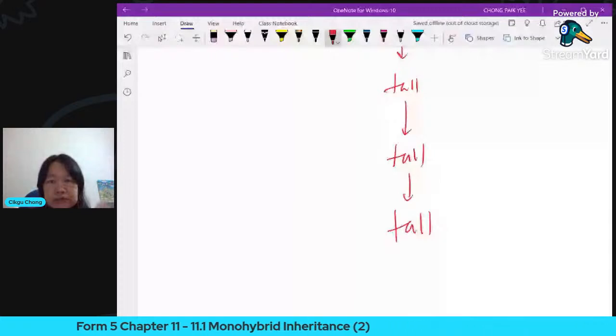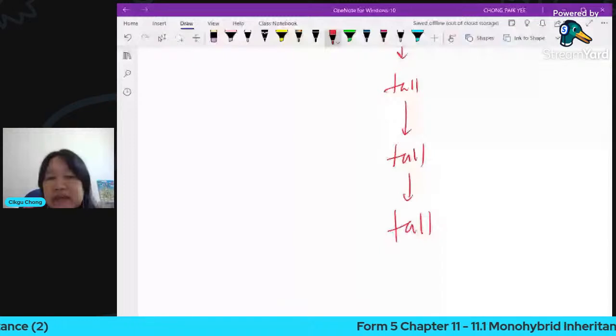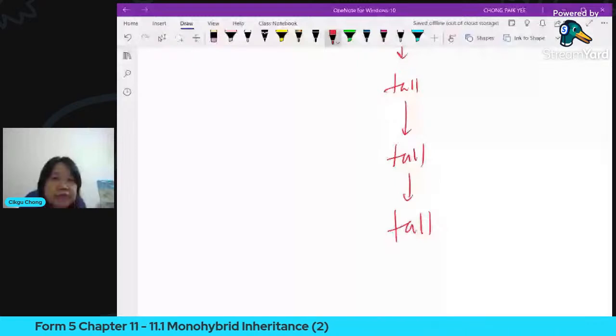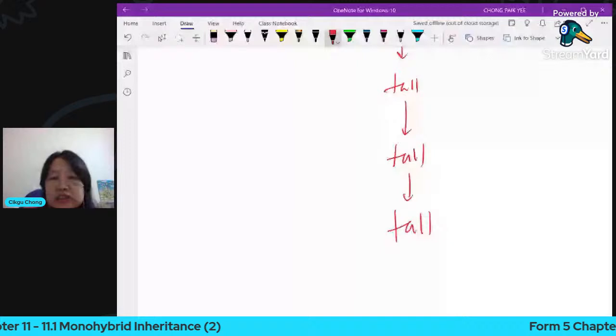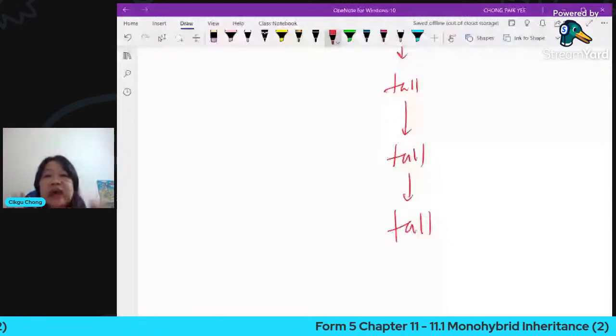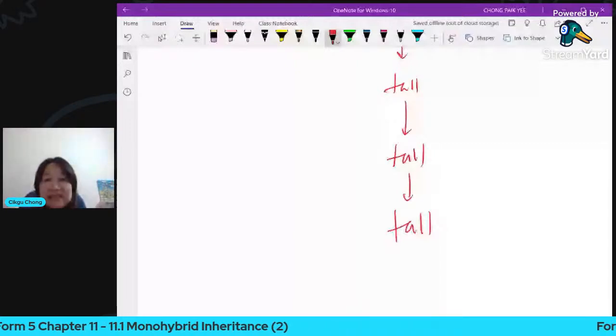After a few generations of this kind of self-pollination, you can come to the conclusion that this plant must have only one type of allele, which is the tall. It doesn't have any of the short, because if it had the short gene, it's possible that you may skip one generation and it will appear again in the next.